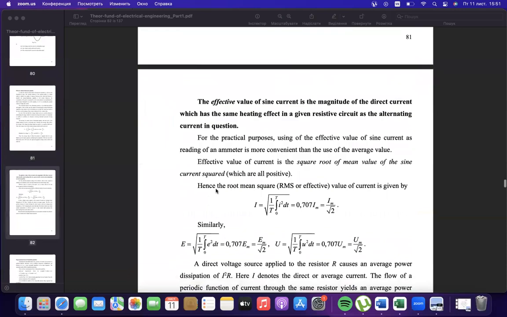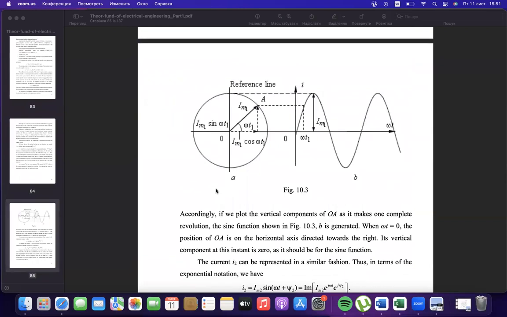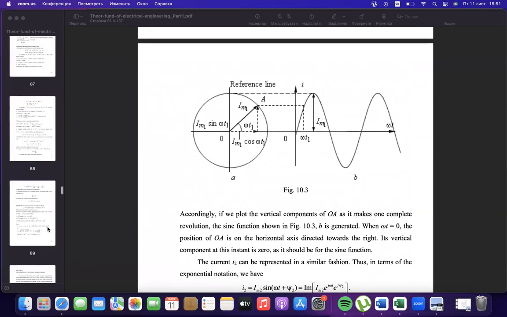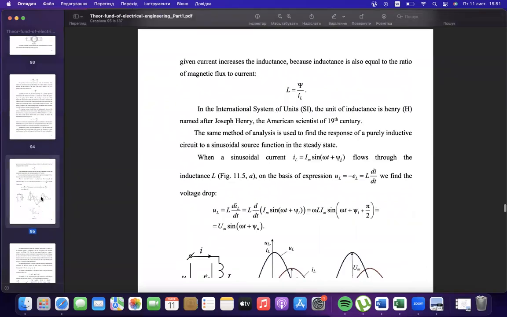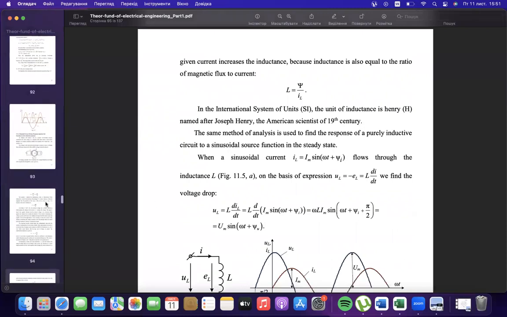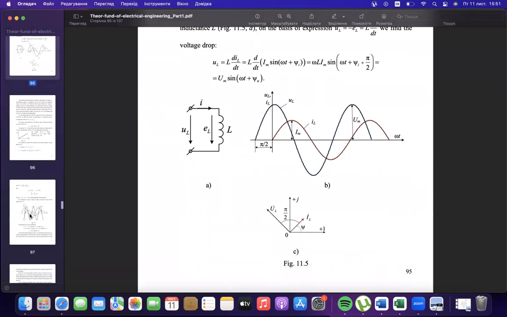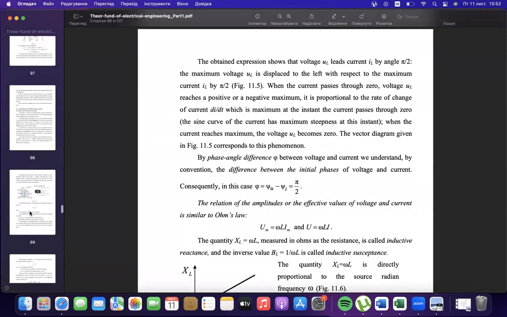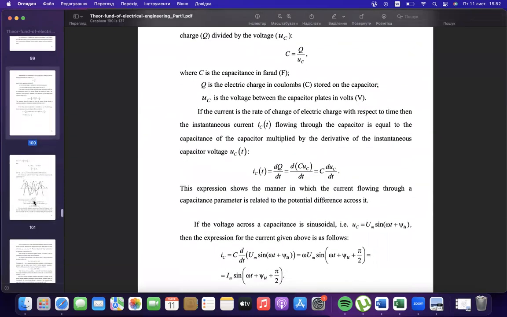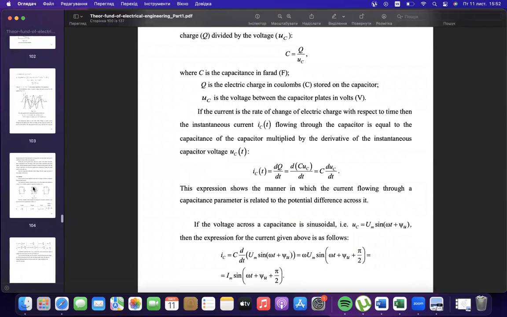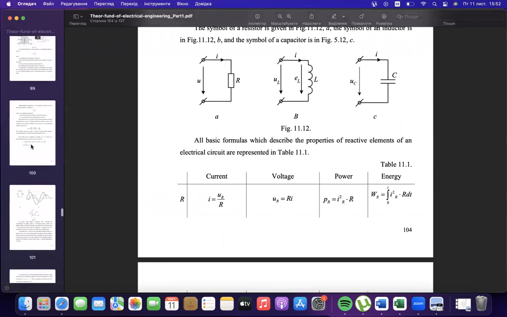Let's see what we have for now. We discussed the characteristics of the main elements, coil and capacitor, just a comparative characteristic.